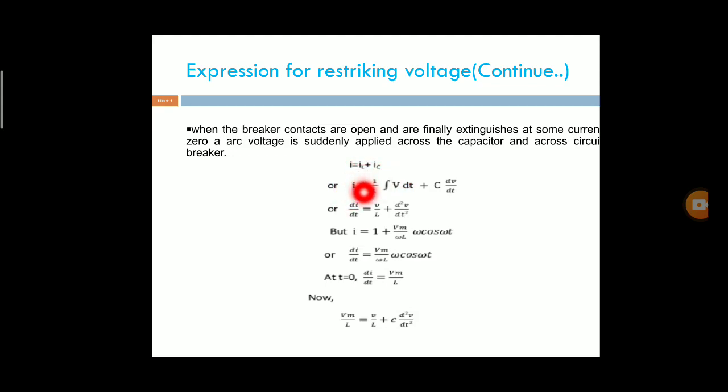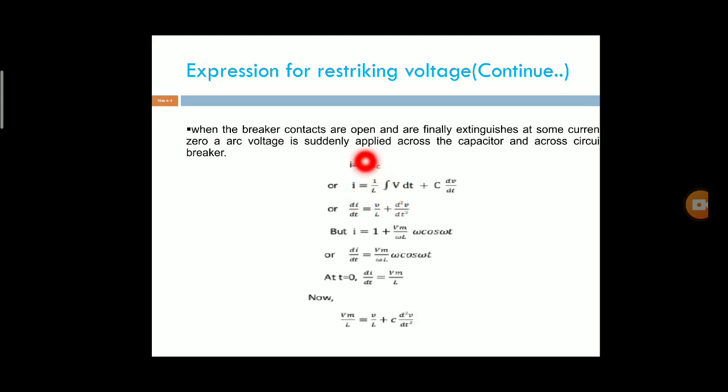IL is the current flowing through the inductor and IC is the current flowing across the capacitor. That we already studied in the EC circuit subject. The current flowing through the inductor is 1 by L integral V dt.